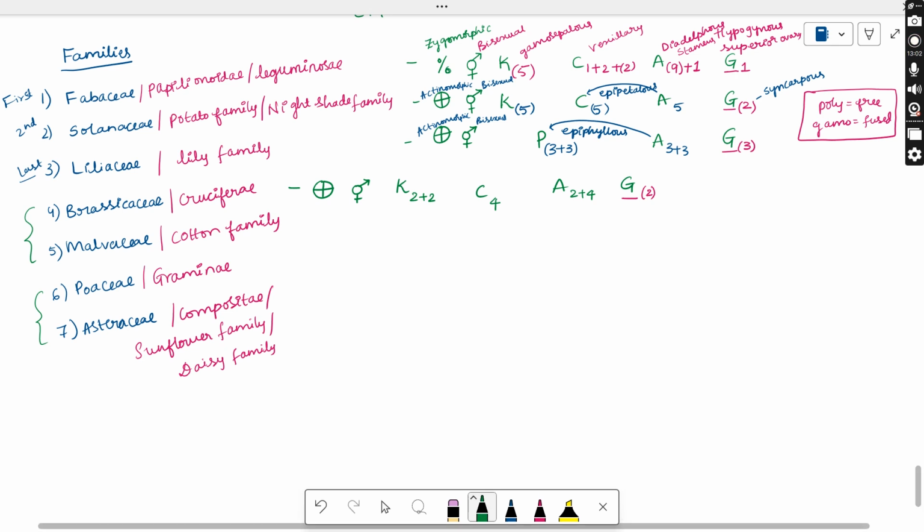So actinomorphic, bisexual, sepals are 2+2 arrangement freely present, petals are also 4, androecium 2+4 arrangement, and the hypogynous superior, syncarpous ovary can be seen in the Brassicaceae or the mustard family.